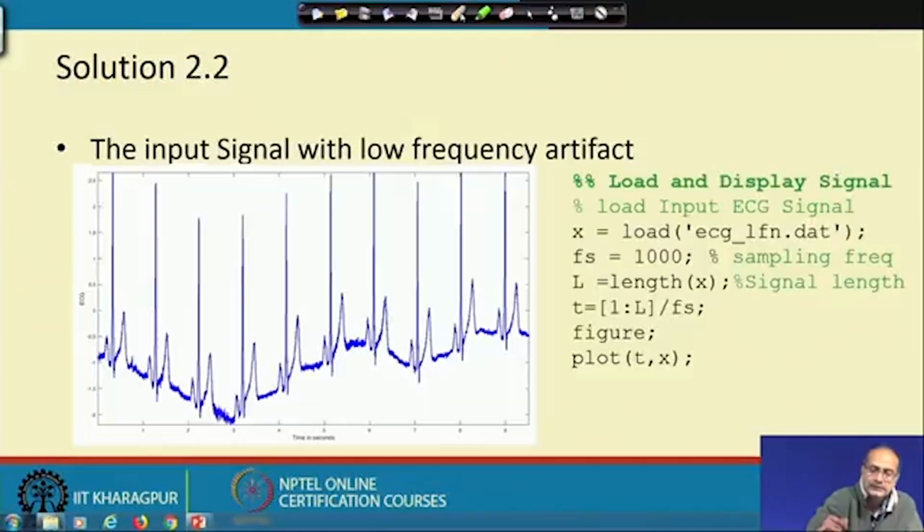That is evident from the fact that the baseline is moving like this. Okay. As the movement is very slow, we can say it is a low frequency artifact, and as the isoelectric line is changing, it is called the baseline artifact.